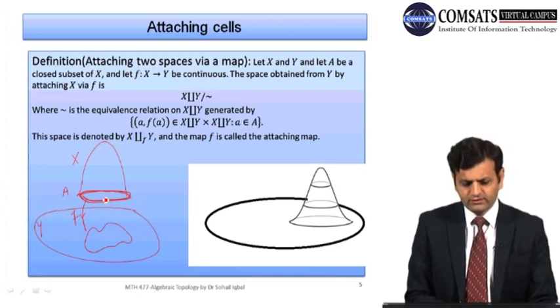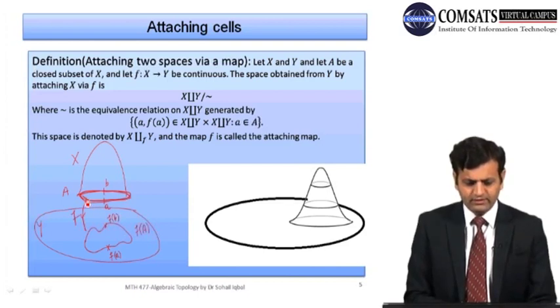Then what we do is we take this point a of A and glue it with the point f of a, in the image of A under the map f. Similarly, if there is a point b, we glue it with f of b, and similarly we glue the corresponding points.